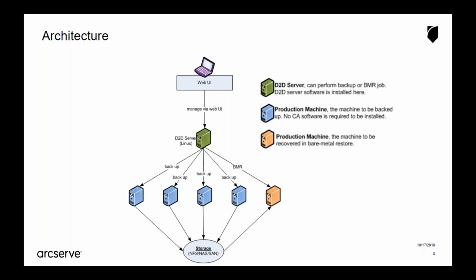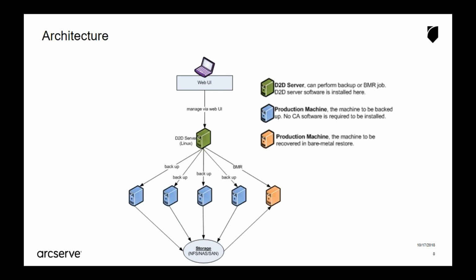The D2D server is our Linux backup server, which is shown in green, and that in turn would connect to all the Linux nodes that we would like to protect. And all these nodes would have connectivity to the storage, which could be NFS, SAN, NAS if you're using NFS or CIFS, or if you're using the Arcserve UDP RPS server, it would connect to the RPS server and store the data on the RPS server.